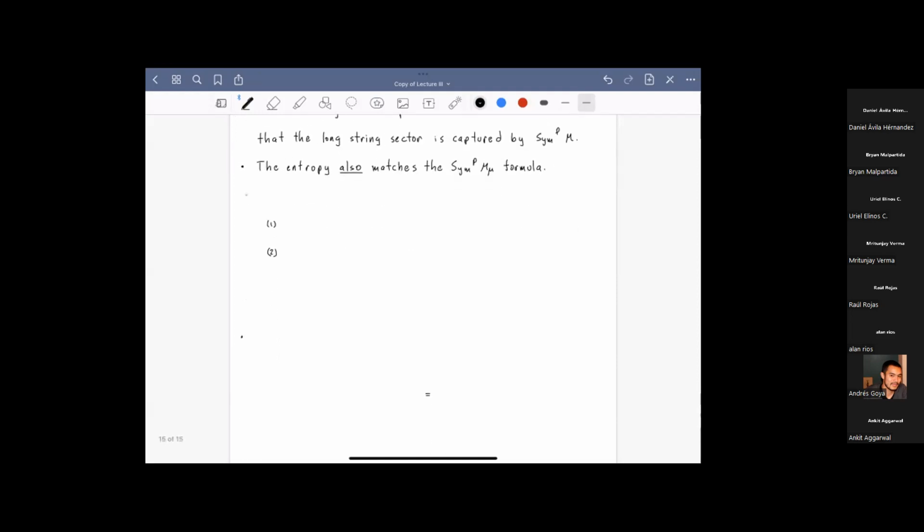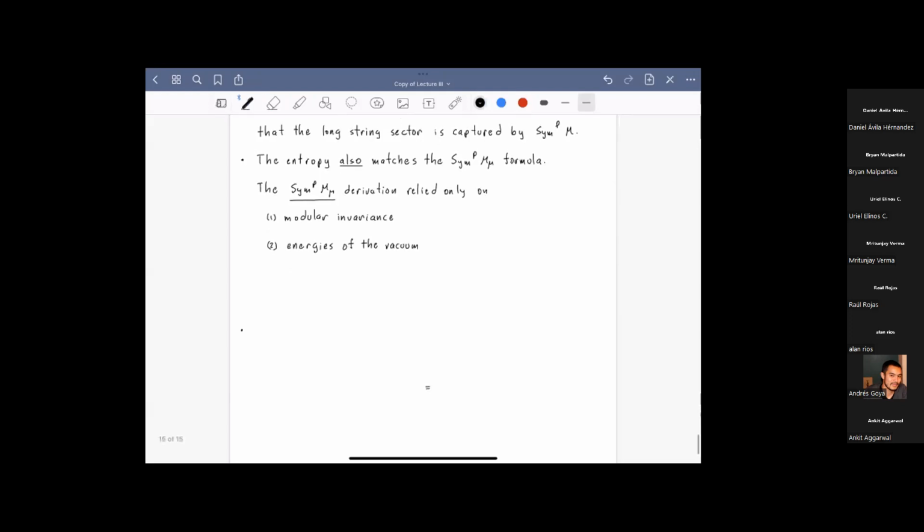But there's a tentative answer that I can provide about this puzzle. For this, we have to know that the derivation of the entropy from the single trace version of TTbar relied only on 2 facts, at least in the way that I presented it in these lectures. The first one was modular invariance, and the second one was the energies of the vacuum.